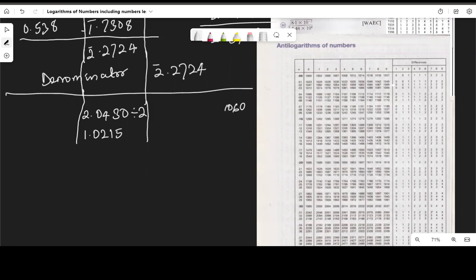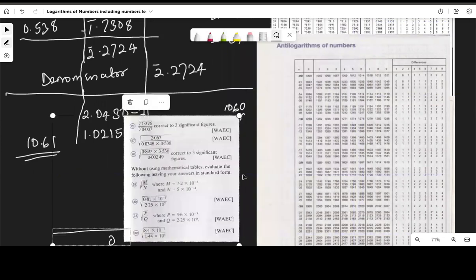Let's trace it down. Difference of 5 is 1. So this will be 1061. Then add 1 here, which makes it 2. So we will move our decimal point 1 and 2 places. Our answer is 10.62 for this question.